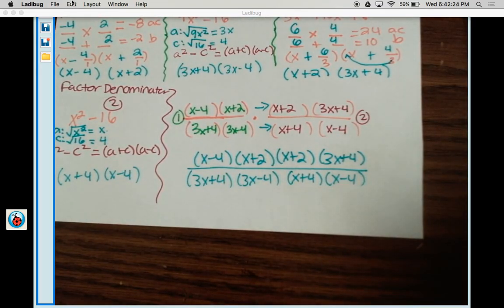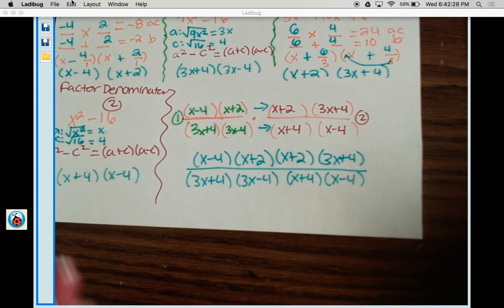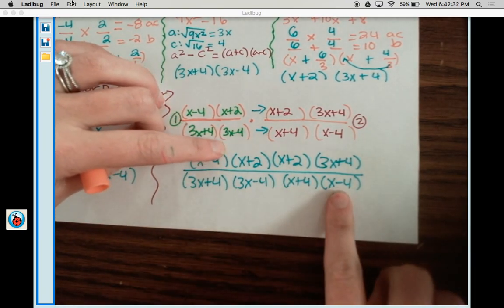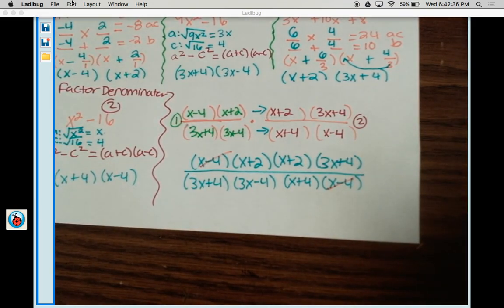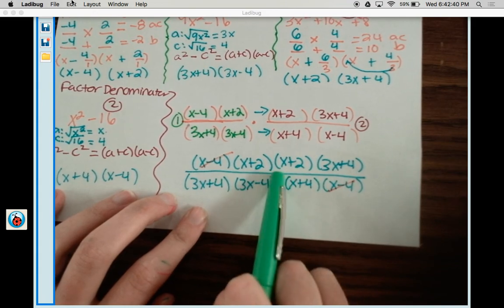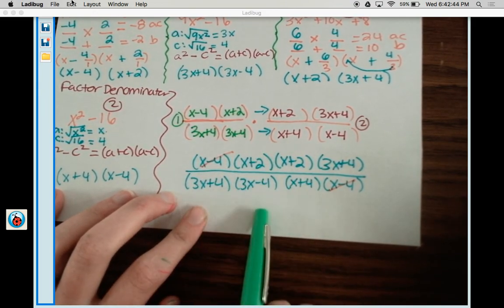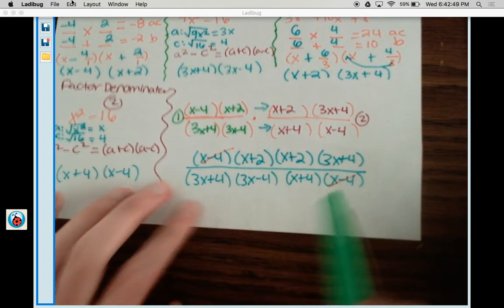I have x minus 4 here, and holy hot dog, do you see an x minus 4 here? So that one will cancel out. I have an x plus 2 here, and another x plus 2 in the numerator, but those two don't cancel. They only cancel if you divide by the same thing. I don't see any other x plus 2s, so my x plus 2s are going to stay.